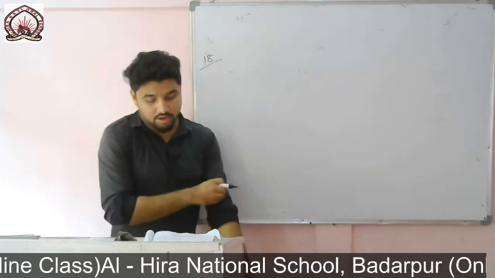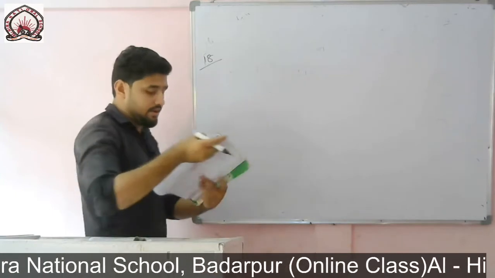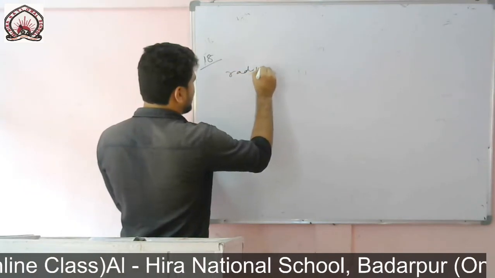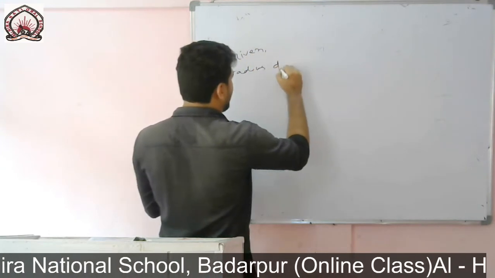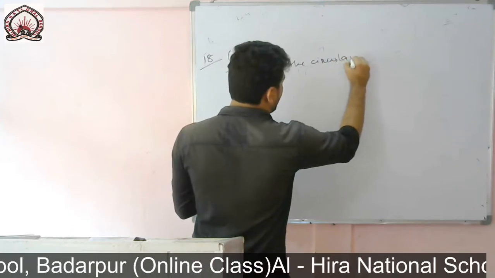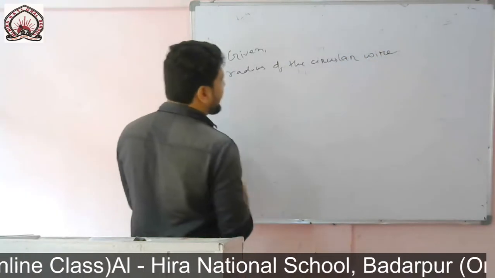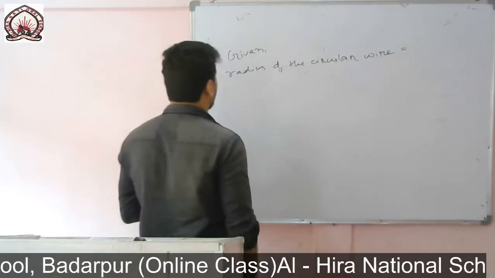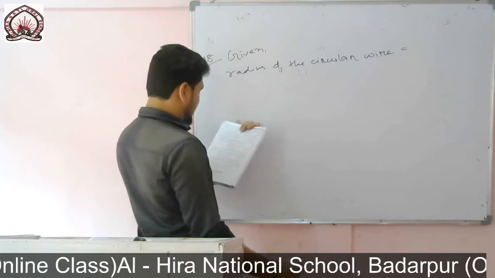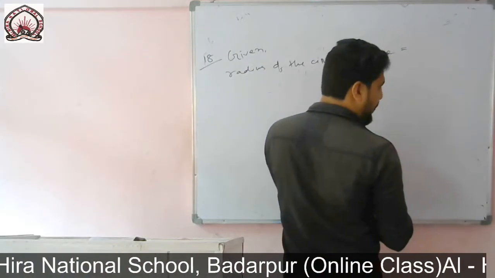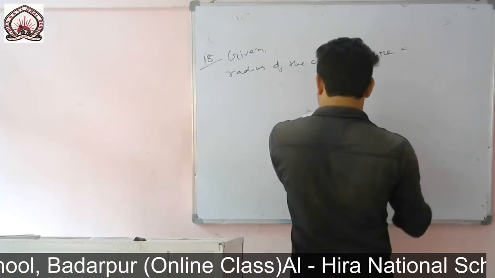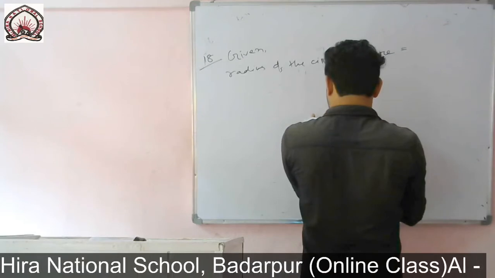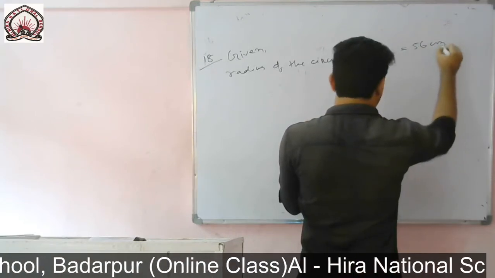Right, 18. Given radius of the circular wire equals 56.